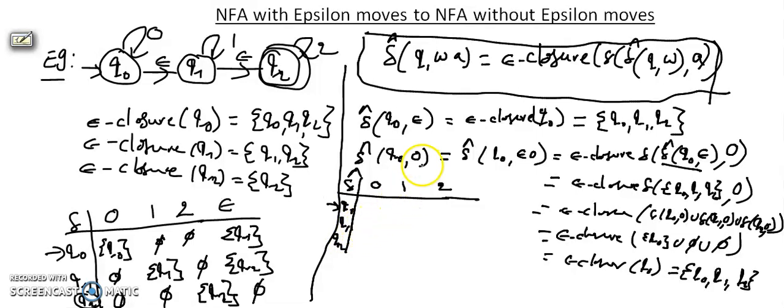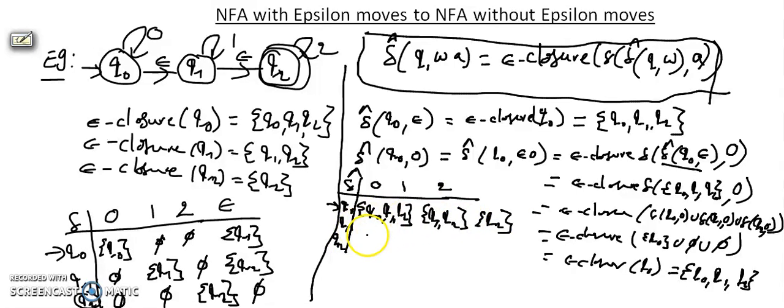Q naught with 0, Q naught, Q1, Q2. Q naught with 1, Q1 and Q2. Q naught with 2, Q2 only.